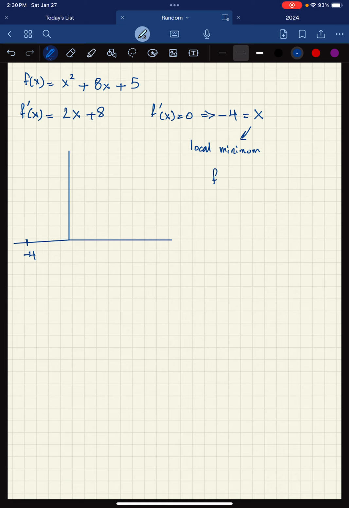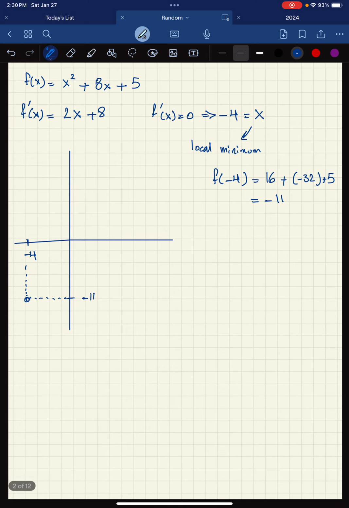Now if we give minus 4 to our f function, it would give us 16 plus minus 32 plus 5, which is equal to minus 11. So our minimum value for this is minus 11. We showcase it here.